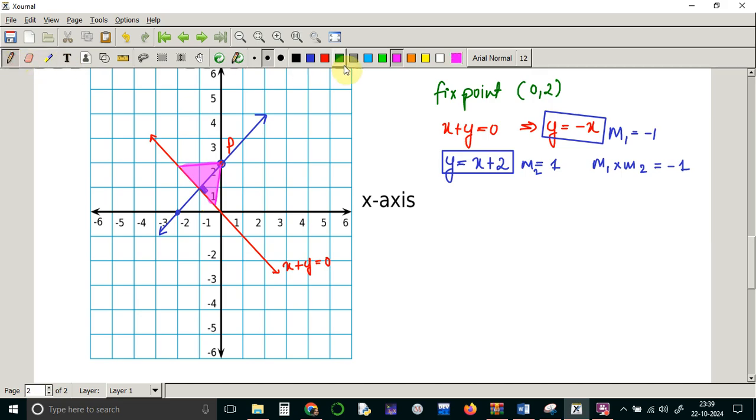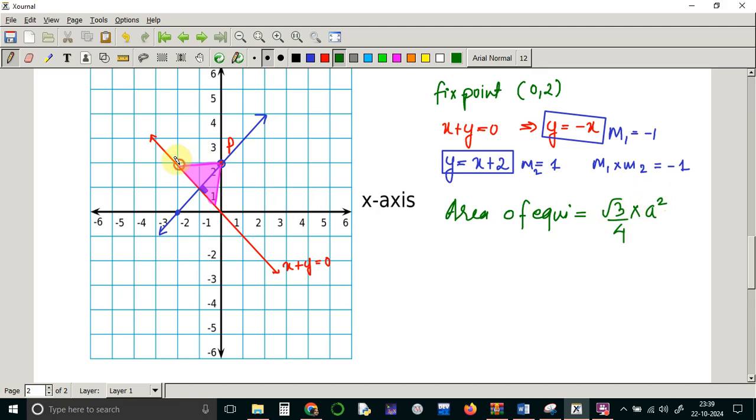So for that we will find its sides. We know that the area of equilateral triangle is root 3 by 4 into its side square.